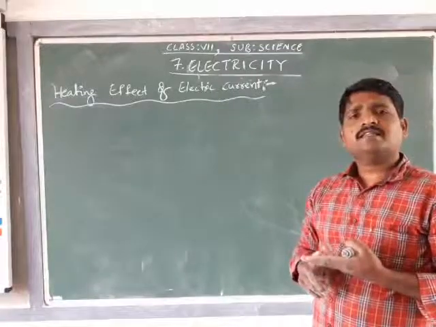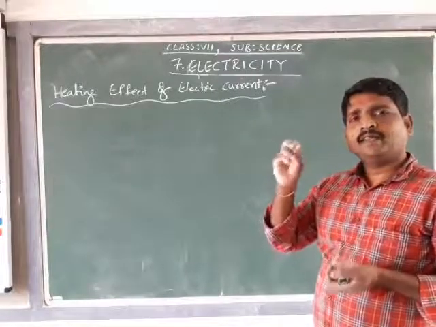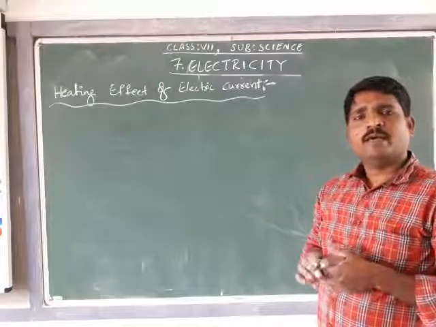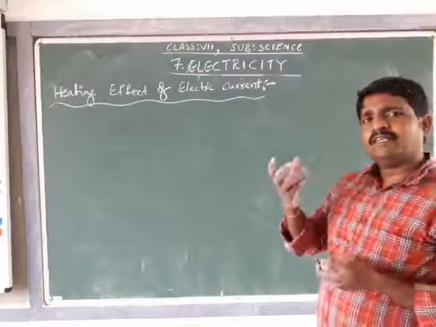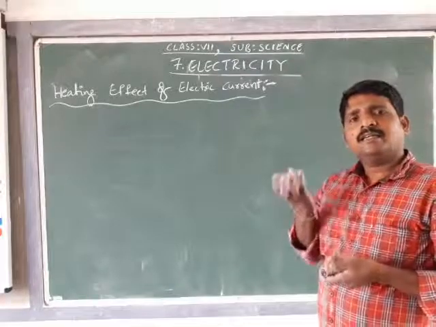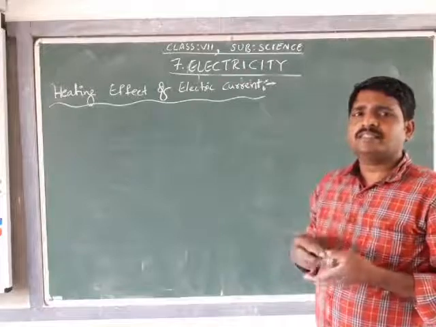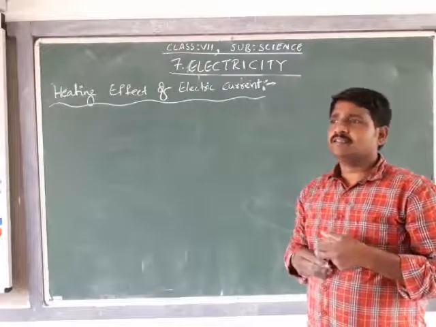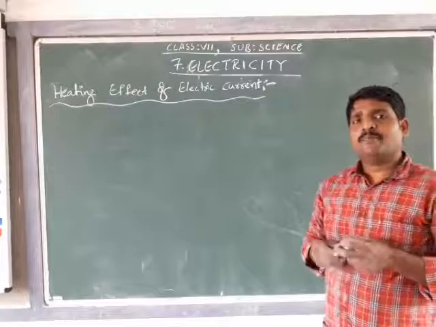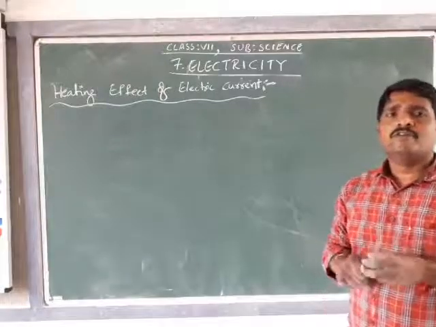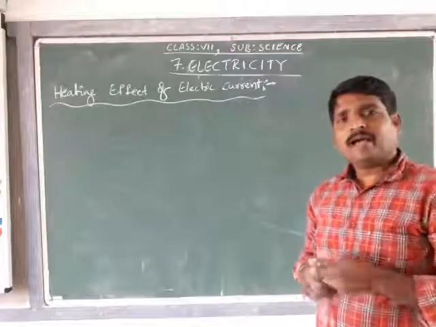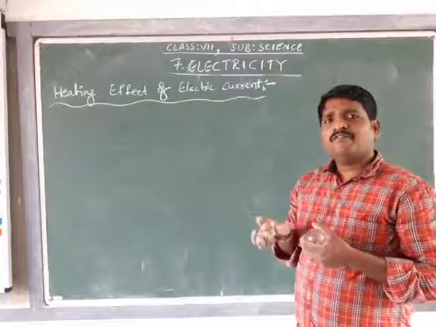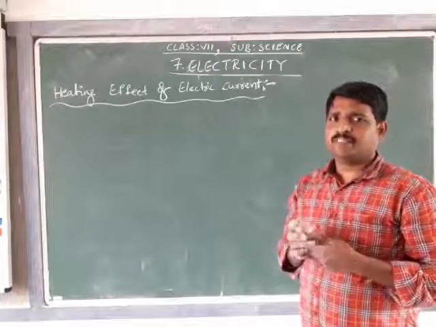These all consist of a small filament wire, and whenever it is connected to the electric current, it gets heated, and that heating makes the device function. The filament in those appliances is made of nichrome, which has a very high melting point, and it helps enable the functionality of those devices.